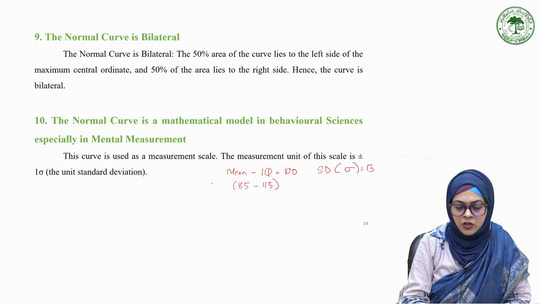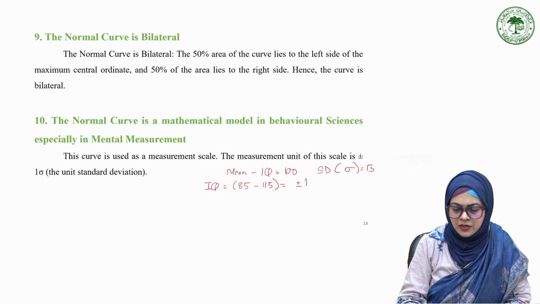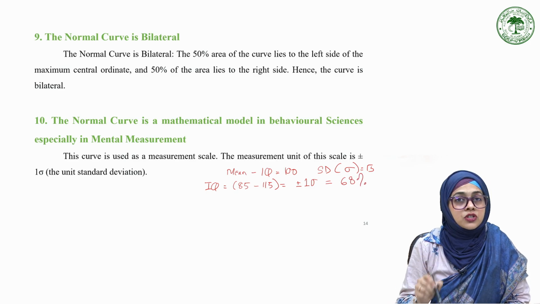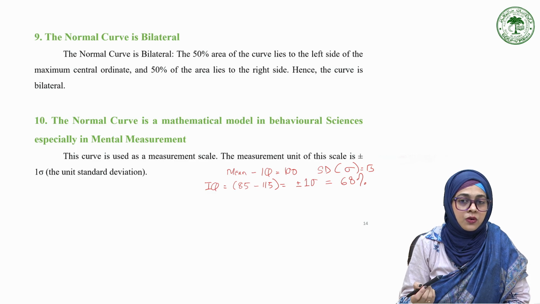This will be the IQ score of plus minus 1 standard deviation, and like I said, around 68% of the people will be within this particular IQ range.